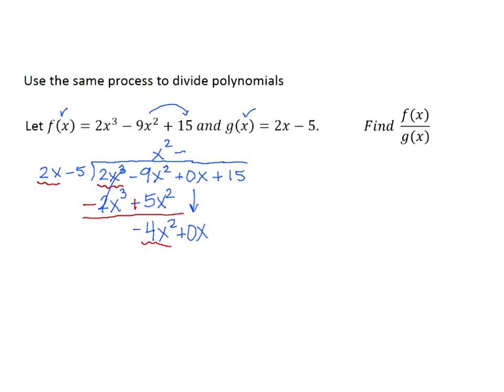So negative 2x. And now I take that negative 2x and I multiply by 2x minus 5. So negative 2x times 2x is negative 4x squared. And negative 2x times negative 5 is positive 10x.